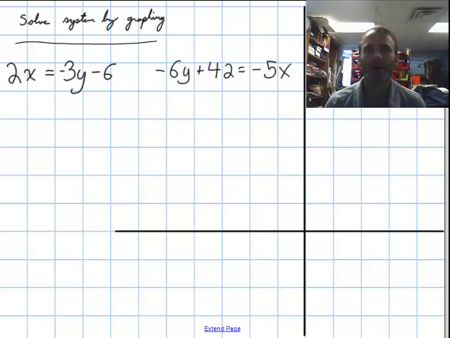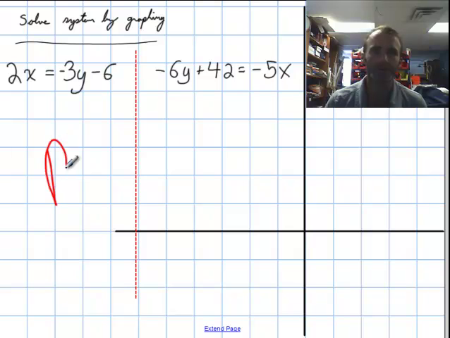They're both not in slope-intercept form. So slope-intercept form is where we have the y's by themselves or isolated. So the first step here, which we didn't have on our other problem, is we are going to put both of these in slope-intercept form.